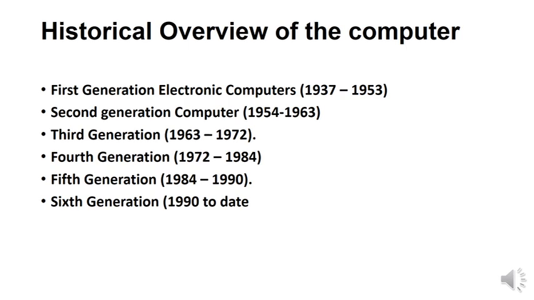Then the second generation started in 1954 to 1963. Are you with me? The second generation saw several important developments at all levels of computer system design, from the technology used to build the basic circuits to the programming languages used to write scientific applications.